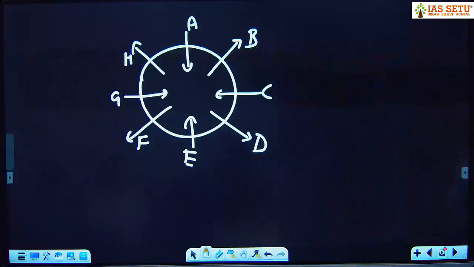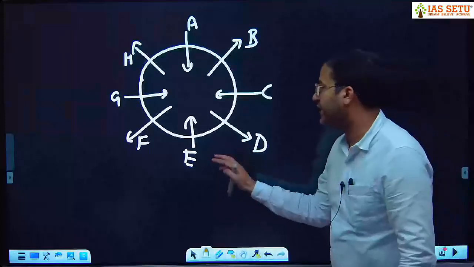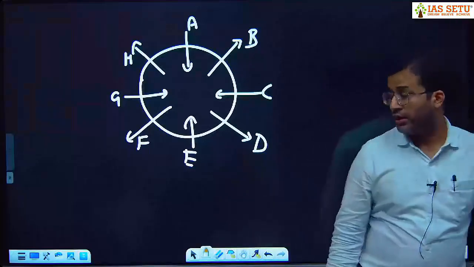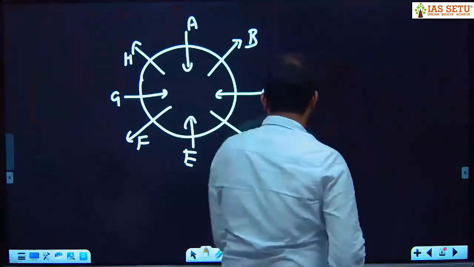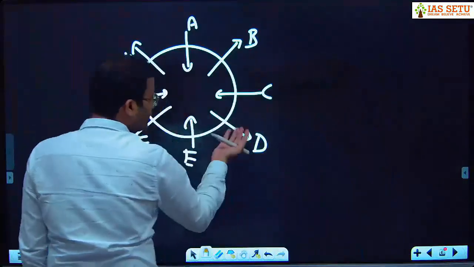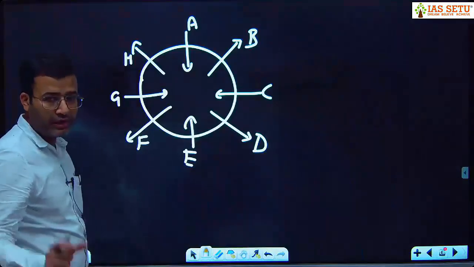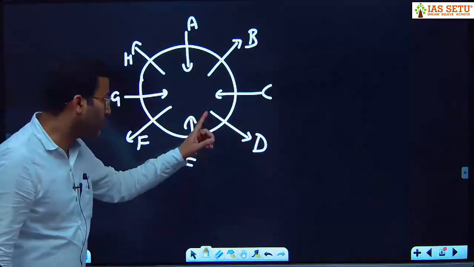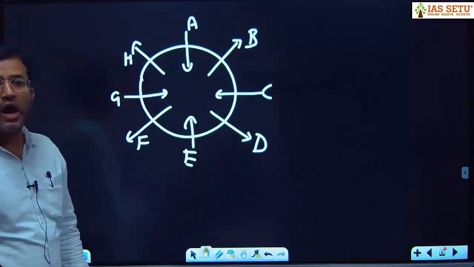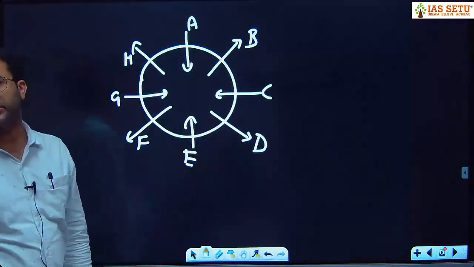Okay. So here, if I'm D, my face is like this, E is on my right side. If I'm E, D is on my right side. I give you a statement, just check correct or wrong. D and E are respectively right to each other.